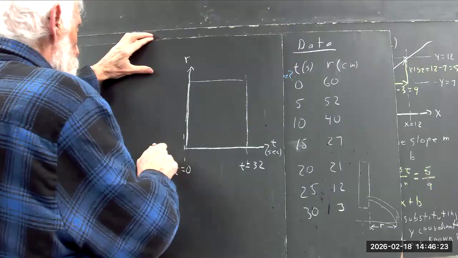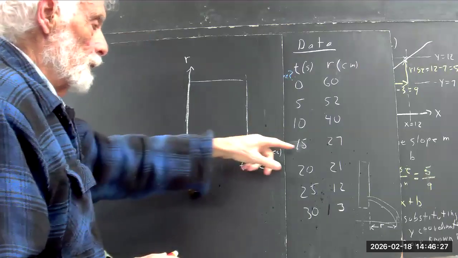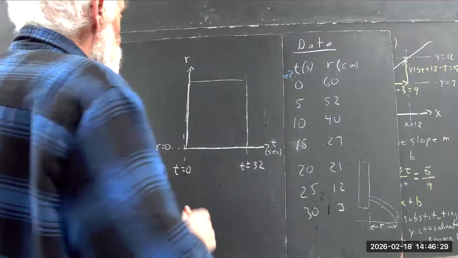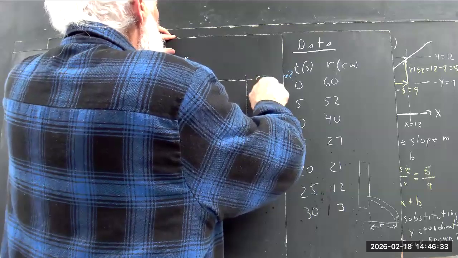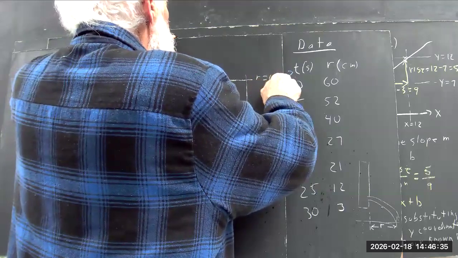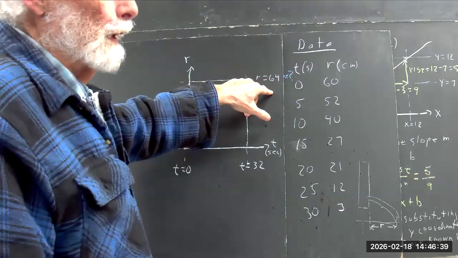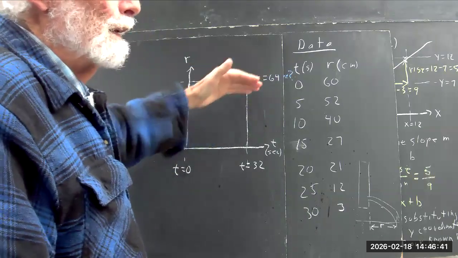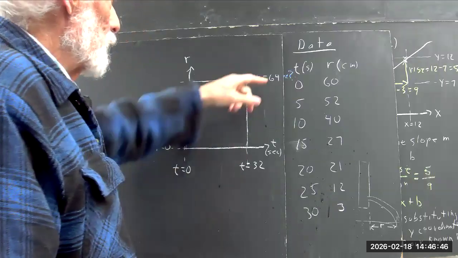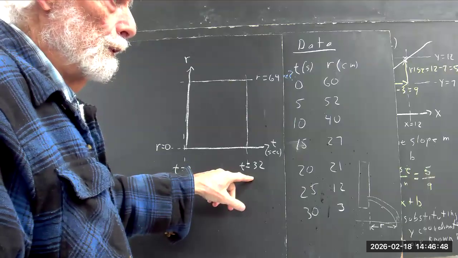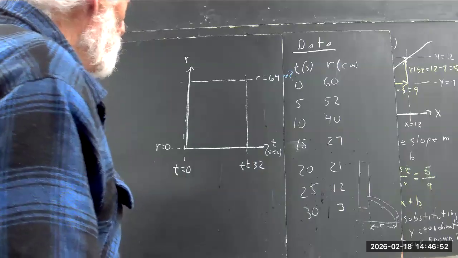Well, we're going to let R equals 0 along this line, which corresponds to the t-axis. And we're going to let R equal 64 up here. Why 64? Because you can divide 64 by 2 successively a lot of times. Okay, divide 64 by 2, you get 32. And of course, we know we can divide 32 by 2 several times.